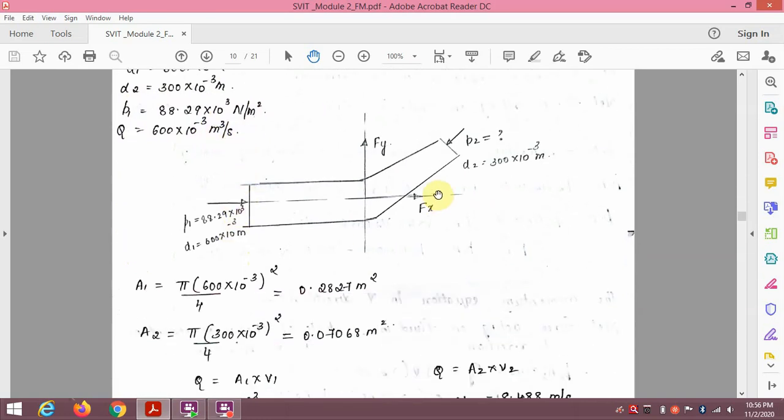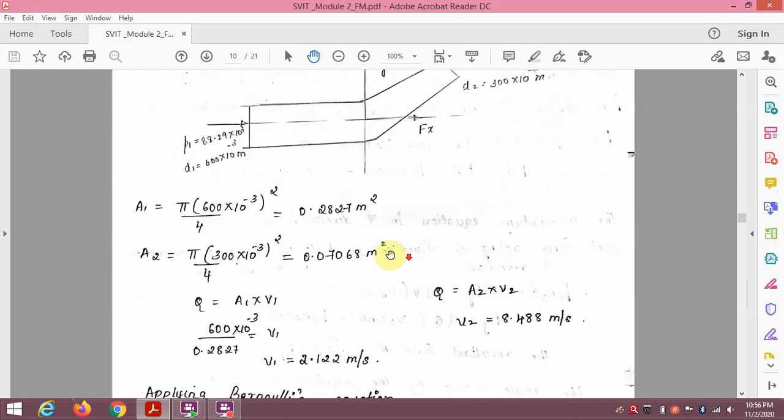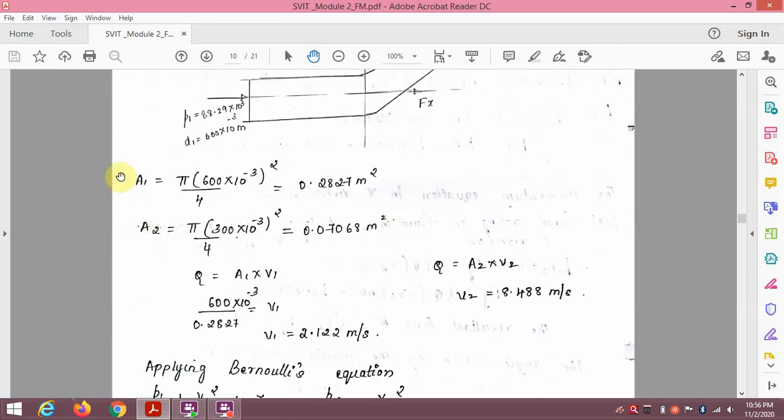So this is the pipe which is bent here, and this is the P1 value and P2 value, and this is the D1 and D2 value. Okay. So A1 is equal to pi D square by 4, that is pi into 600 into 10 raised to minus 3, the whole square divided by 4, that is equal to 0.2827 square meters.